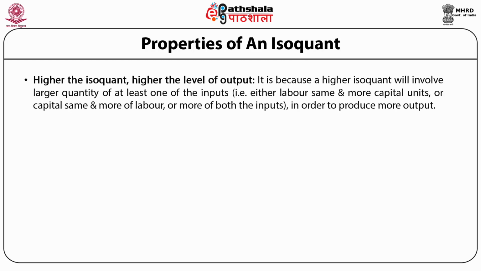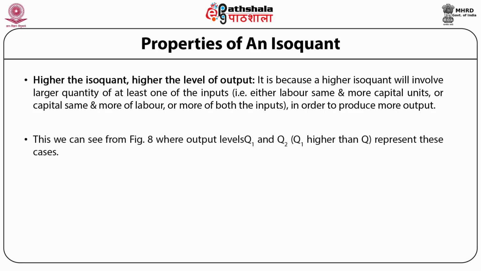The higher the isoquant, the higher the level of output. It is because a higher isoquant will involve a larger quantity of at least one of the inputs, that is either labor same and more capital units, or capital same and more of labor, or more of both the inputs, in order to produce more output.